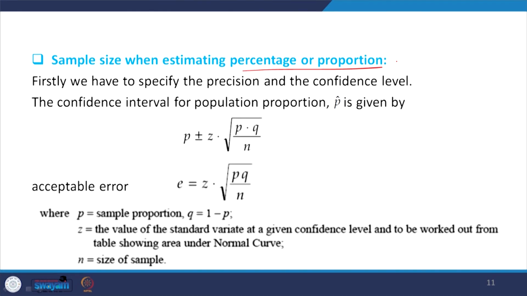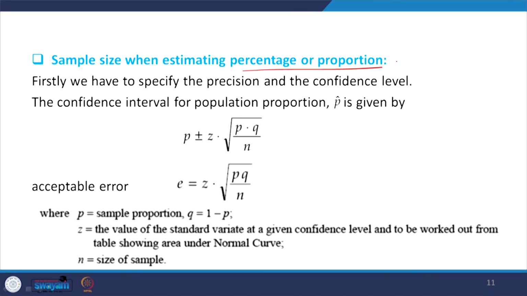Certain population proportion information is given, either success or failure, the probability of success and failure. In that case the distribution is not normal. When your population is not normal, and you cannot convert it to a normal distribution, it will be a Poisson type distribution, with P and Q, that is the probability of success and the probability of failure, where Q is 1 minus P.